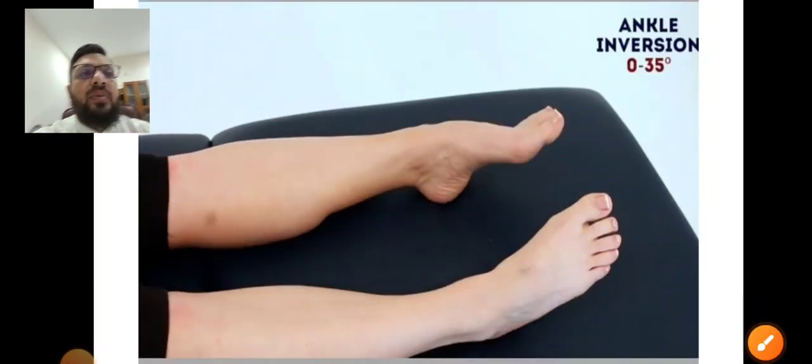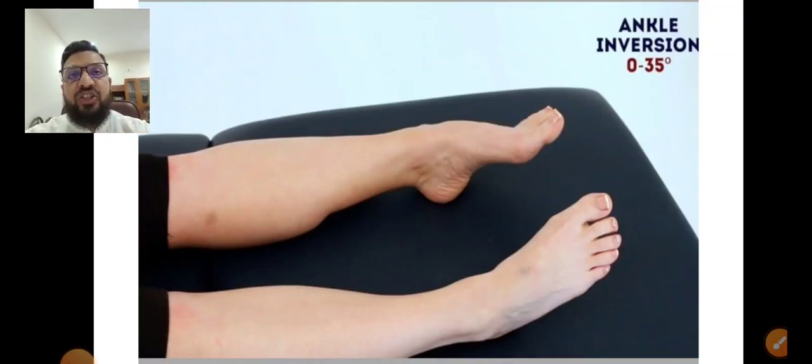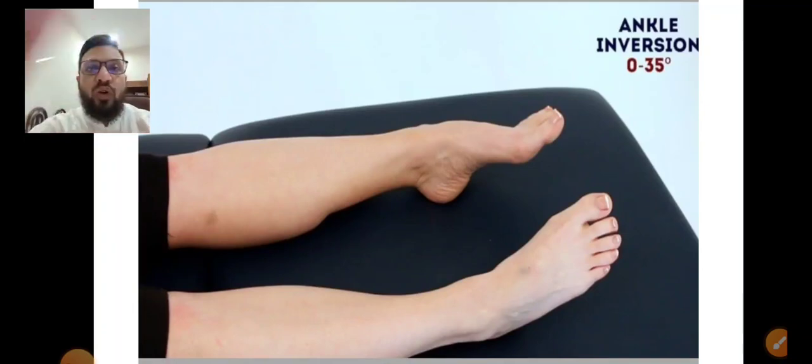And then after that, you have to ask the patient for active inversion and eversion, because this patient is having an expected injury of the common peroneal nerve. You know that the common peroneal nerve is necessary for both movements.